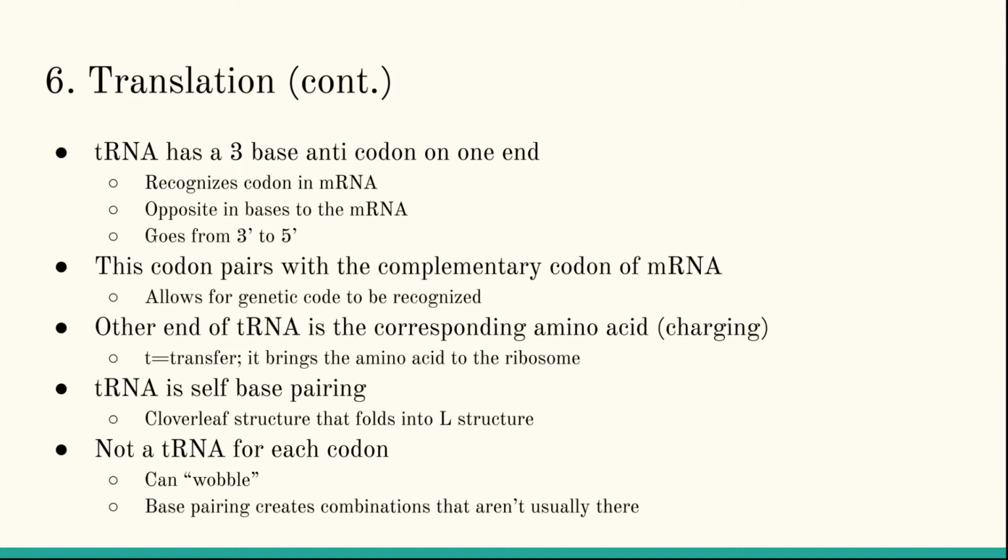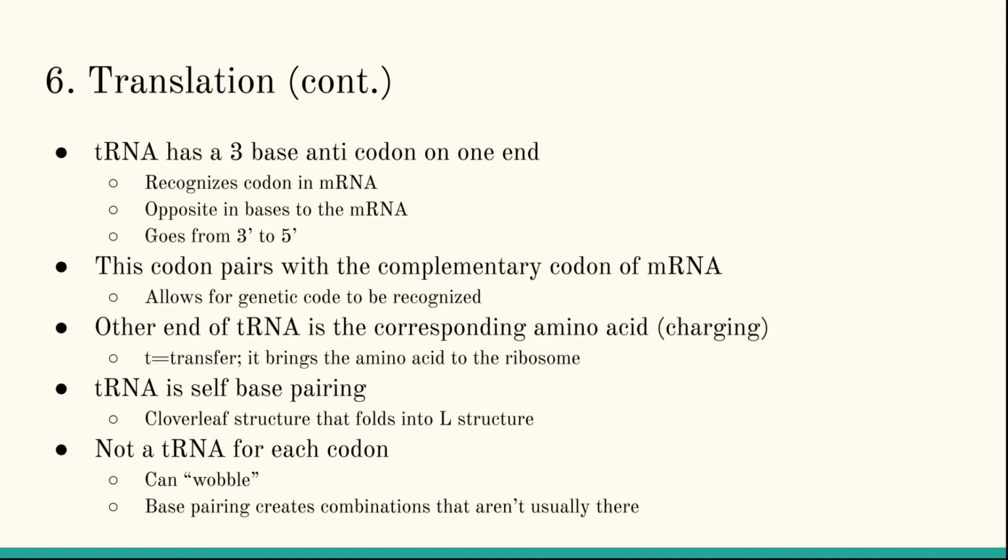On the other end of tRNA is a corresponding amino acid. This occurs through charging, where aminoacyl tRNA synthetases charge the tRNA with amino acids. The enzyme then probes the anticodon to see if the sequences match, and then the amino acid gets placed on the tRNA.